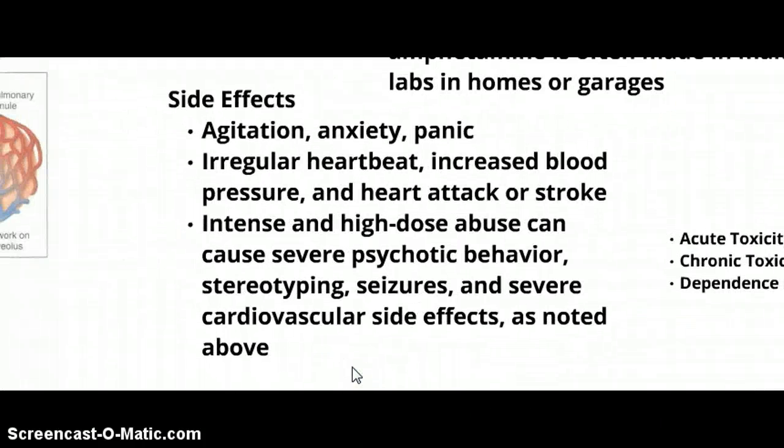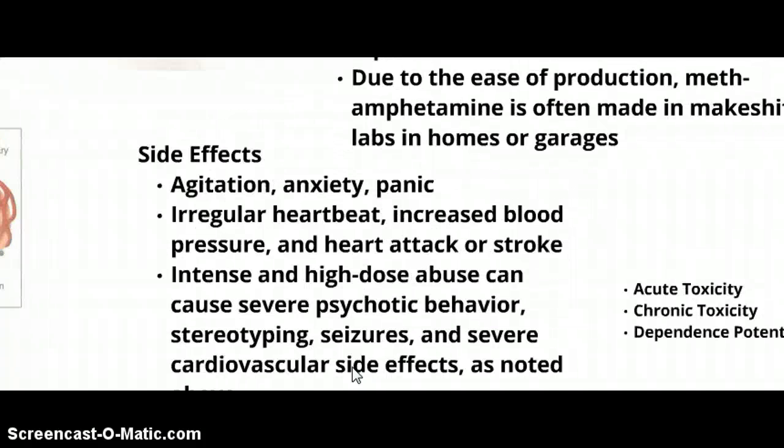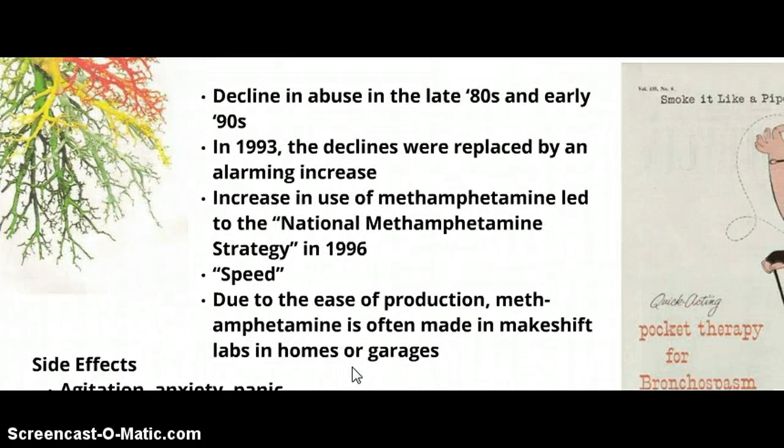Again, we've talked about the side effects of amphetamines before. Now, in the United States, oh man, amphetamines were super popular in like the 1950s.